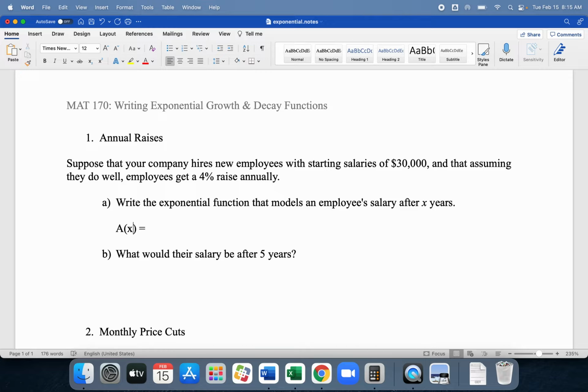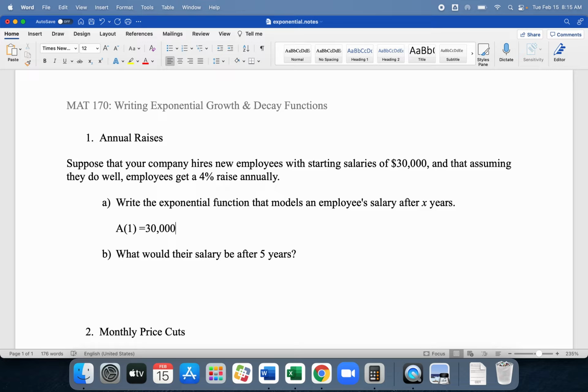But what if I want to know after 1 year? I started at 30,000, and then I get a 4% raise. How can I figure out, not my whole new salary, but just the amount of my raise, my increase, if it's 4%?